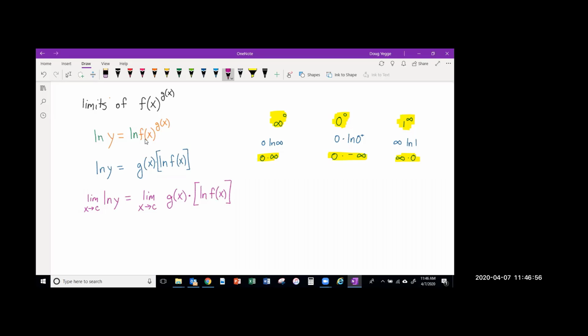Okay. But keep in mind that what I'm still trying to do is get this y by itself, because y is the original function. The orange thing up here is the original function. So what I'm trying to do here is to now get this by itself, so I can simplify this a little bit by recognizing that the limit of a log is the log of the limit.